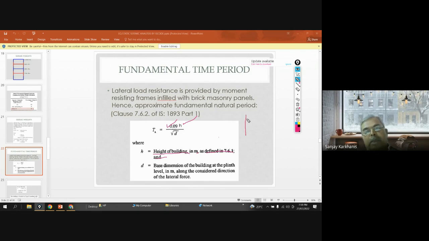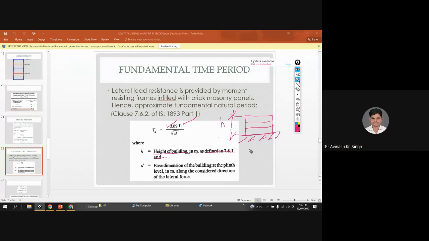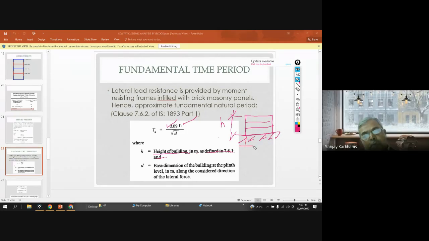So whatever may be the, if this is your ground level, and these are your floors, then H will be measured from ground floor to terrace. So that will be H. Clear? Yes, sir. Don't measure it from footing. So let's say you are having a footing over here. So don't measure it from footing to that.